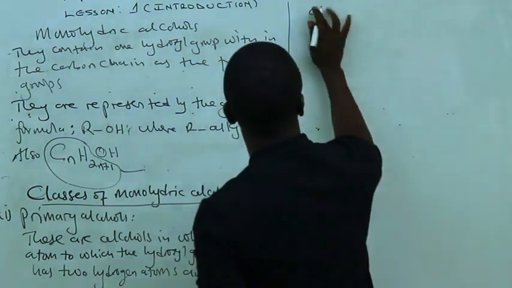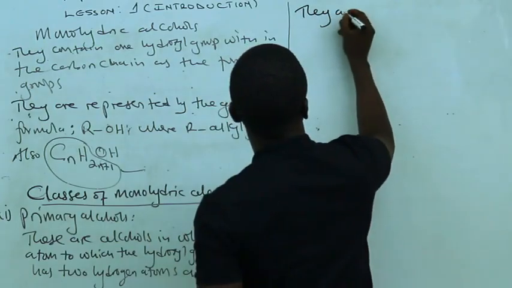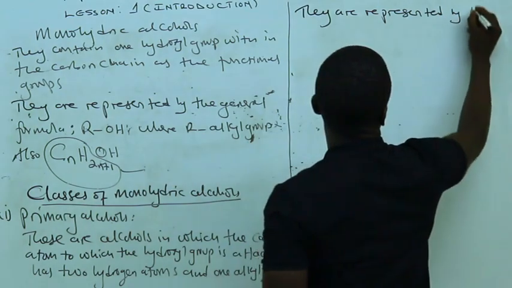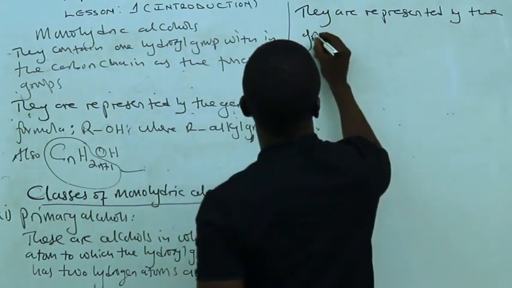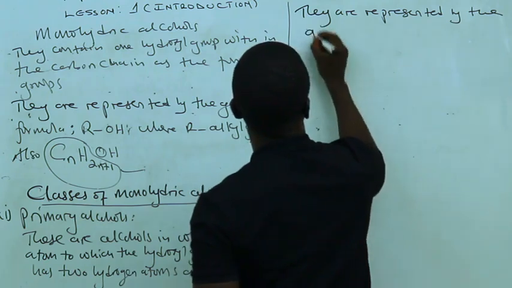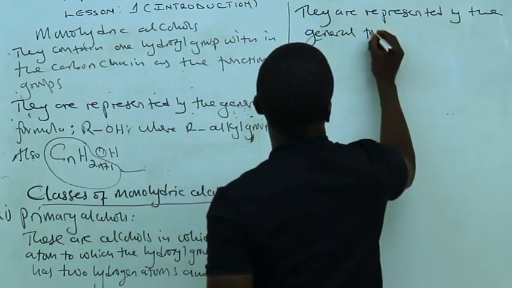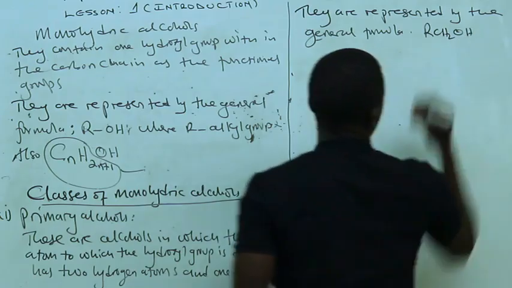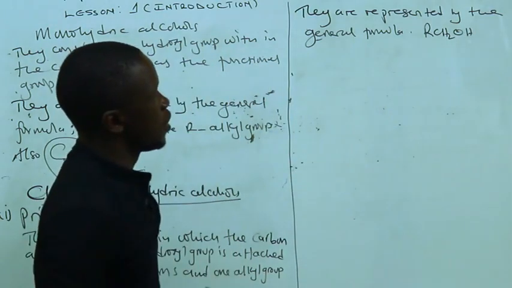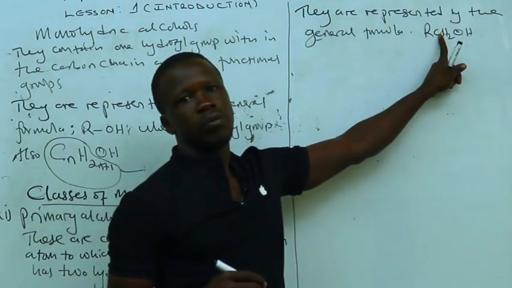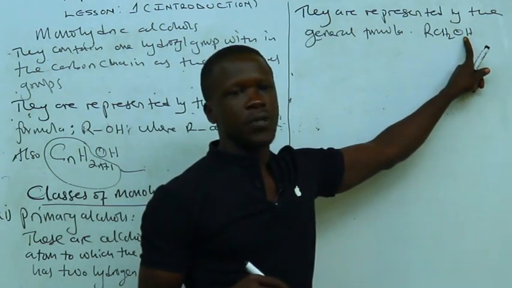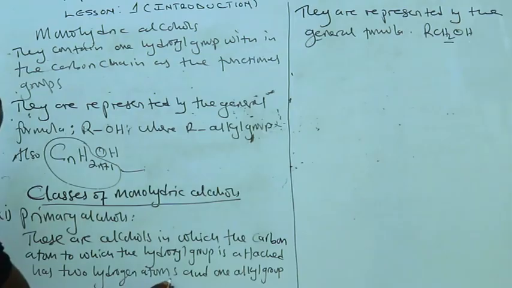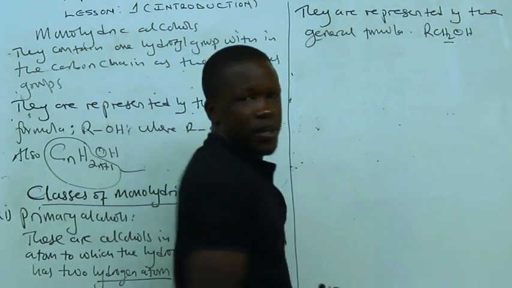They are represented by the general formula RCH2OH. So when you look at the general formula, the carbon atom to which the hydroxyl group is attached has exactly 2 hydrogen atoms, as we are saying, and 1 alkyl group.